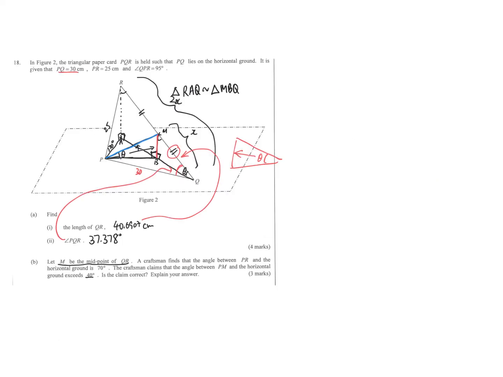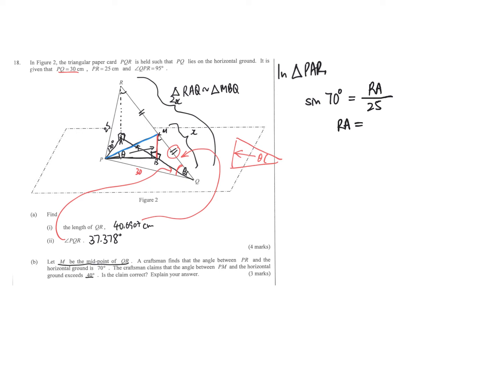So let's start. First of all, we will mention that we are talking about triangle PAR. There we know that we can use sine 70 degrees, which equals the opposite side RA divided by the hypotenuse, in this case 25. And we can now find what RA is.